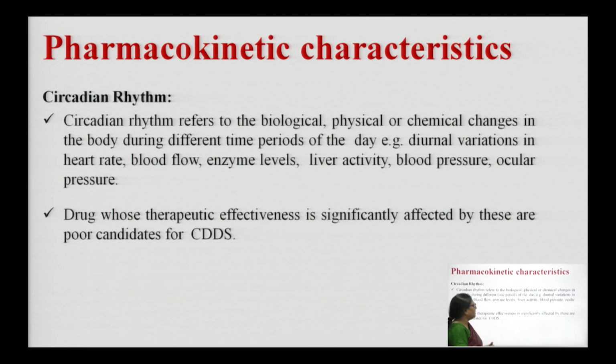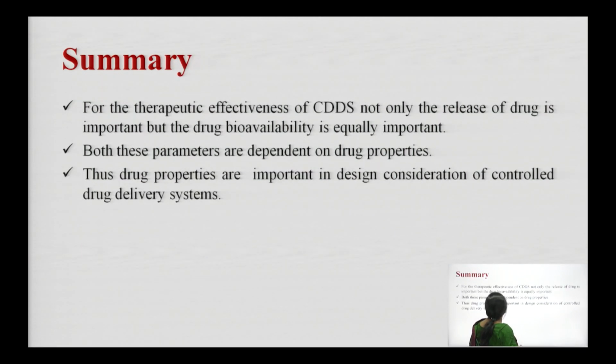These are the parameters which show diurnal variations. So, drugs whose therapeutic effectiveness is significantly affected by these parameters will be poor candidates for controlled drug delivery. Such kinds of drugs may not be selected for formulating controlled drug delivery systems.